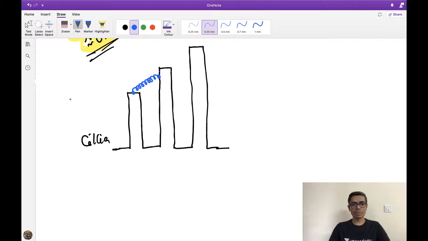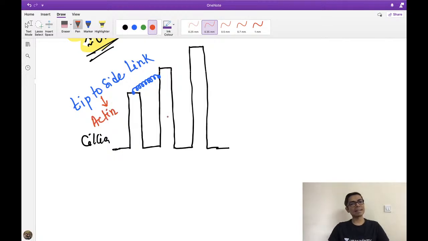What I told, from tip to side there is a link. This is known as the tip link or tip to side link. This link is formed by a spring-like molecule, and the protein which is forming this link is nothing but actin protein. So from the tip of this smaller size hair to the side of the longer size hair, there is a linking. This is the tip link.